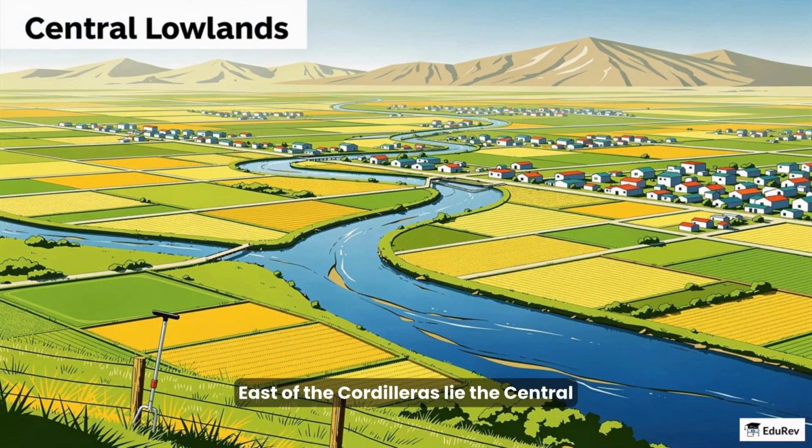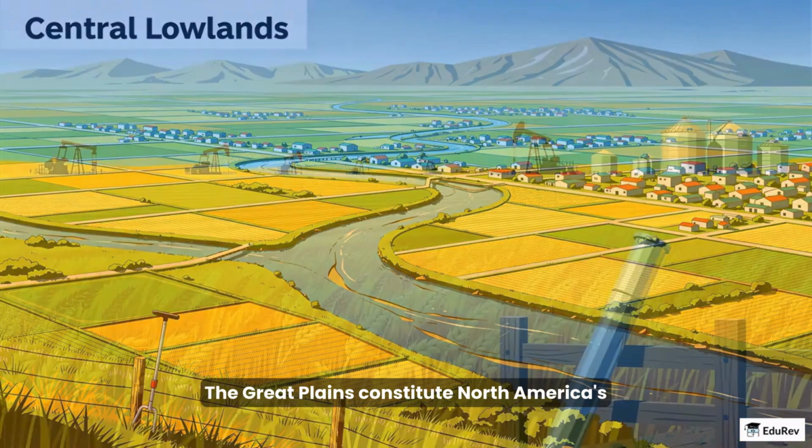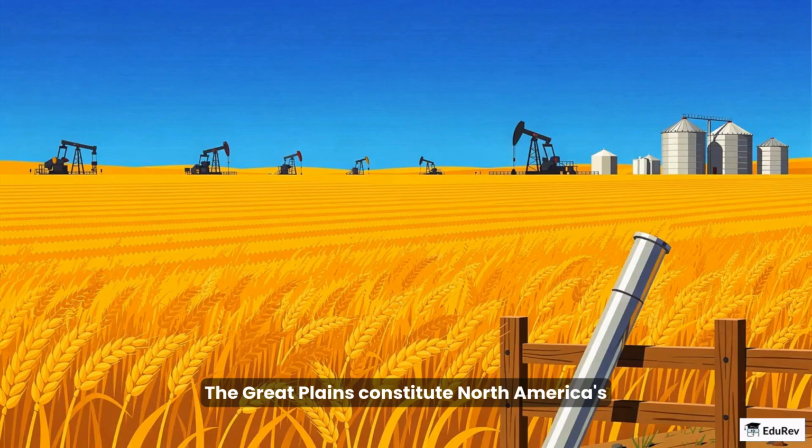East of the Cordilleras lie the Central Lowlands and the Great Plains, expansive interiors with deep, fertile soils formed by glacial and riverine deposition. The Great Plains constitute North America's agricultural heartland, often called the breadbasket, producing cereals and oilseeds and hosting significant oil and gas deposits beneath its surface.